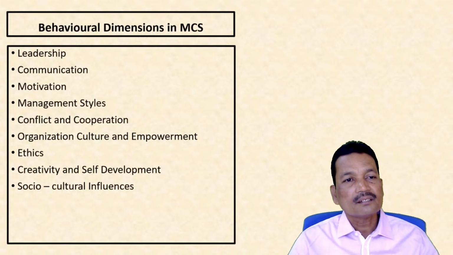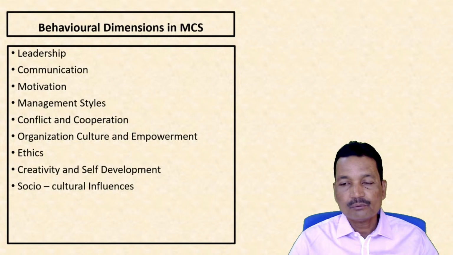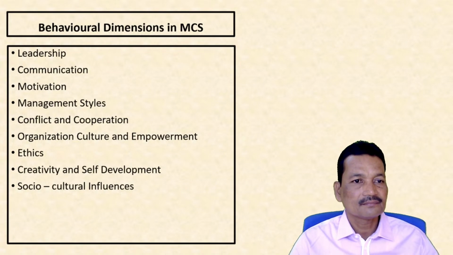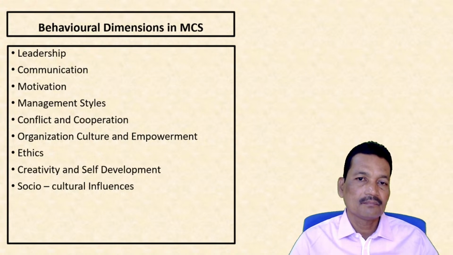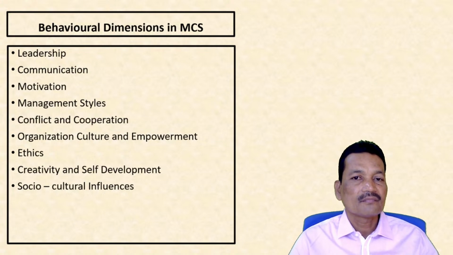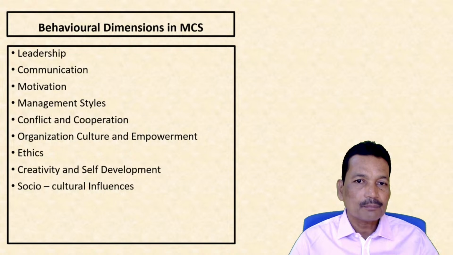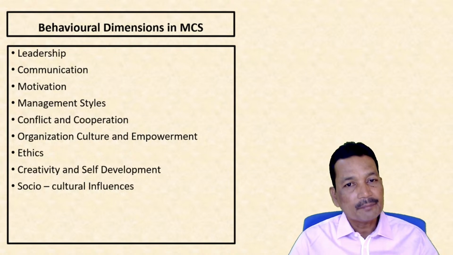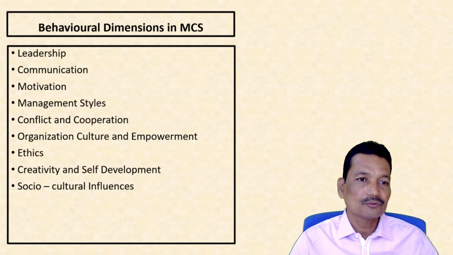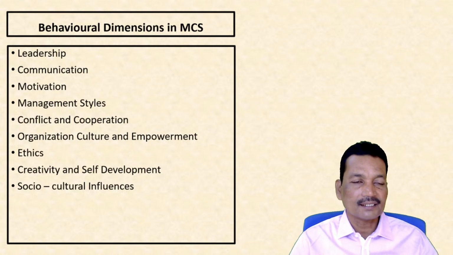Now, what are the behavioral dimensions in management control systems? When we are talking of MCS, we talk of leadership. When you are controlling a system, you have to take decisions, you have to implement decisions according to the emerging scenario so that we can achieve the organizational targets.